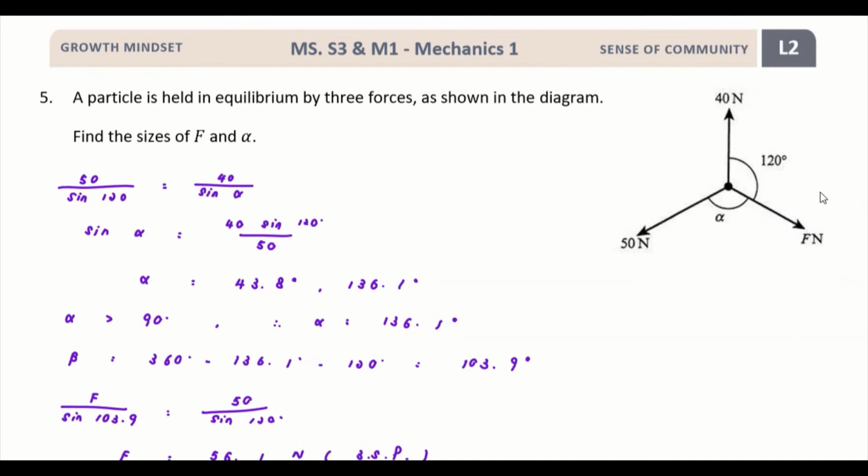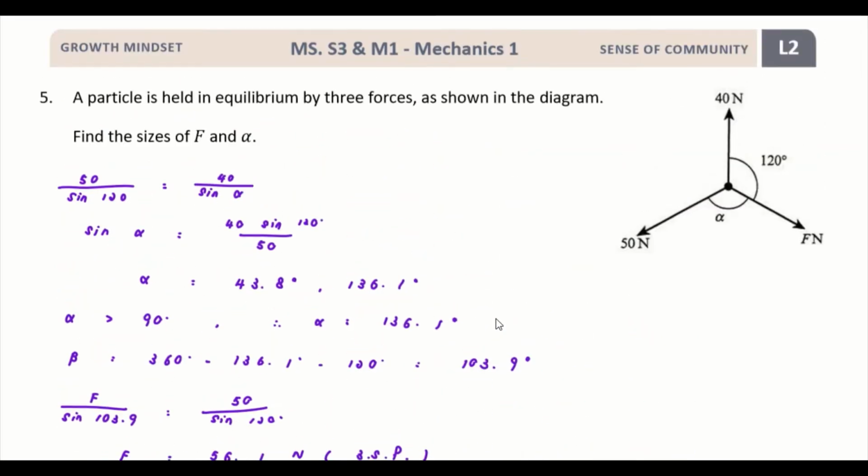It's the same thing as how we dealt with example one, the extra question. The question I ask myself is: is there any direction in which, after I resolve, I can get an equation with only one unknown, so that I do not need to deal with simultaneous equations or with things like 150 minus alpha?